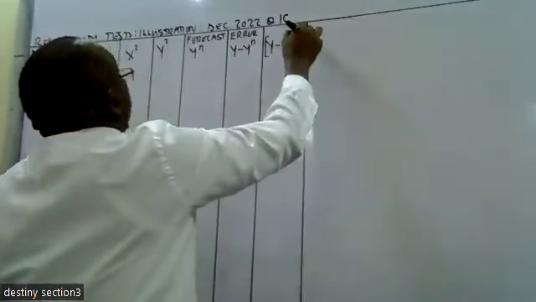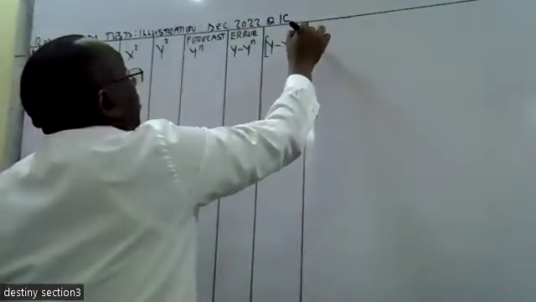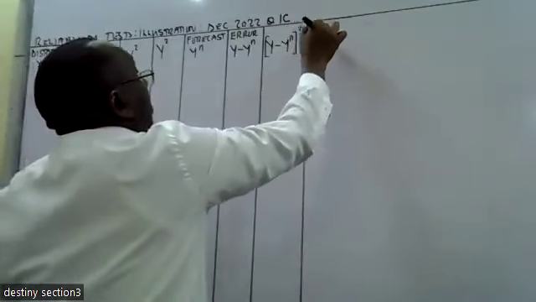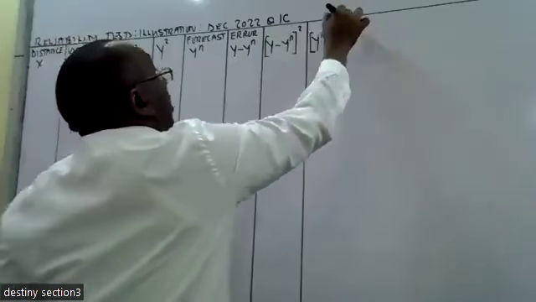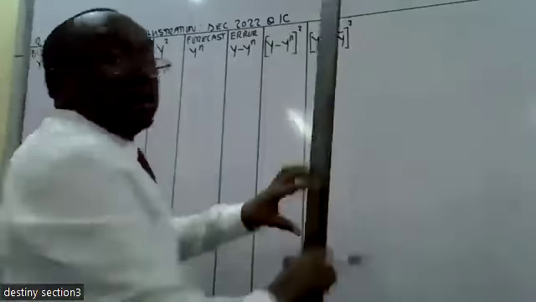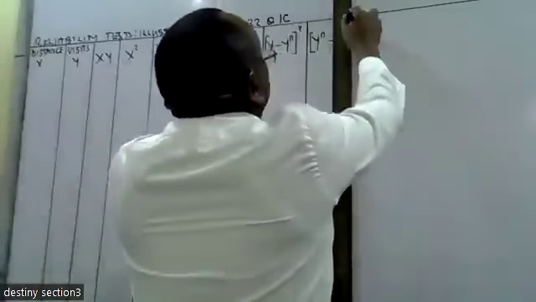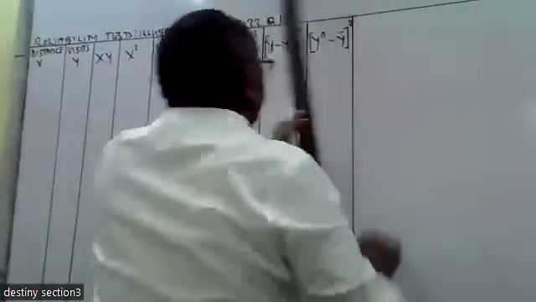Then a column of y predicted minus y bar squared.